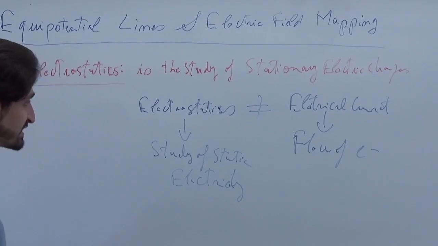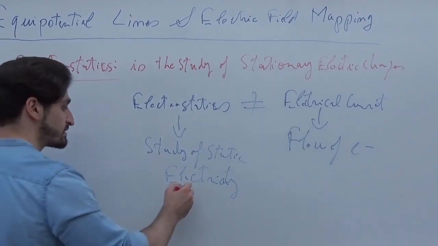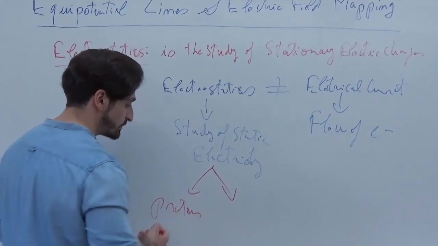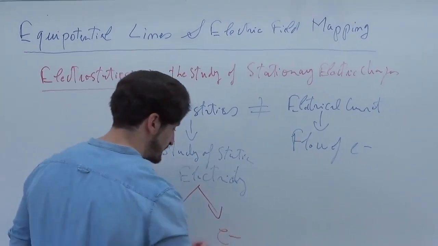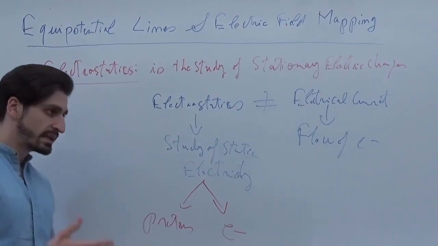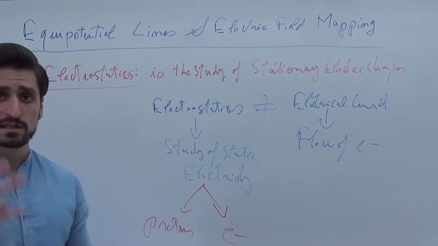In that case, we can distinguish two types of electrostatic charges: the protons, or simply the positive charges, and the electrons, which are simply the negative charges. Based on that, we can distinguish three different cases.